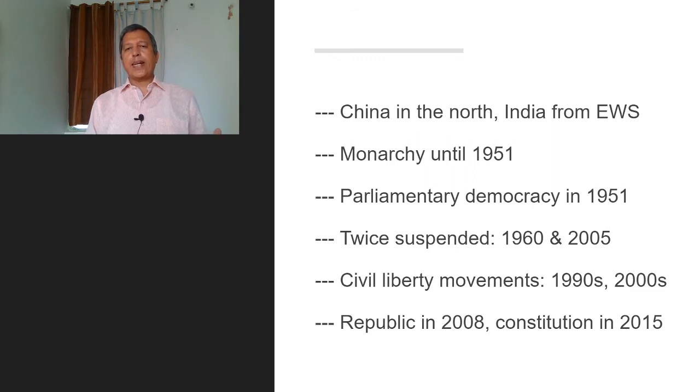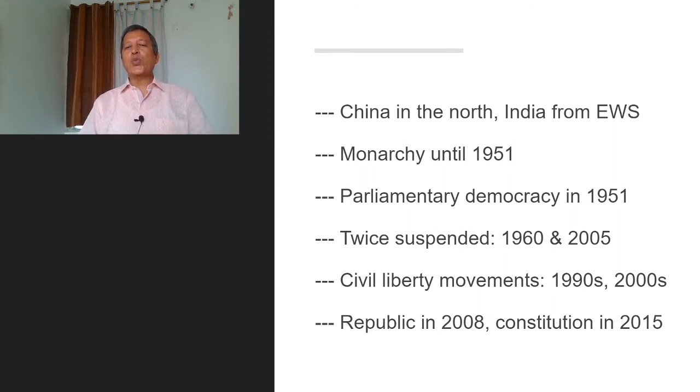After that, there were civil liberty movements in Nepal in the 1990s, and finally Nepal became a republic in 2008, and the king had to hand over the power to the elected representatives.